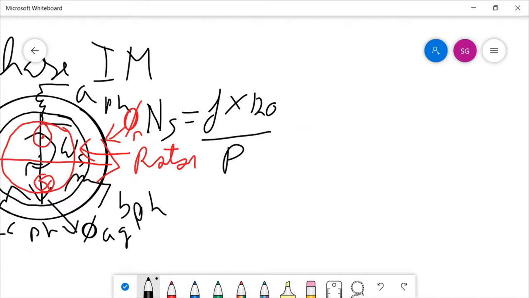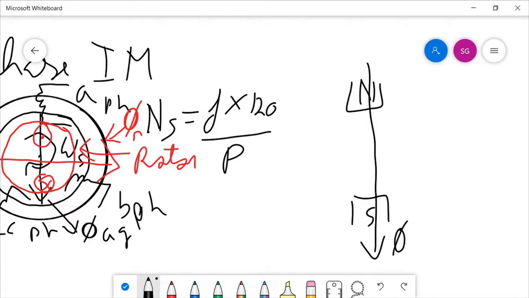So let us say there is a three-phase winding. This is the magnetic field generated by the stator winding. This is the north pole and this is the south pole of the stator. This is phi AG, the air gap flux. Now there will be rotor flux, and the rotor flux is in this direction. So in the rotor, it will be north here and south here.